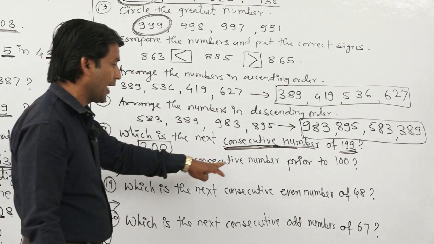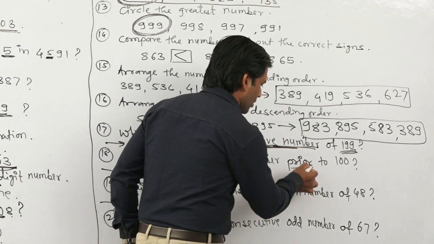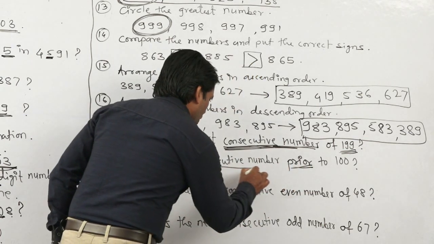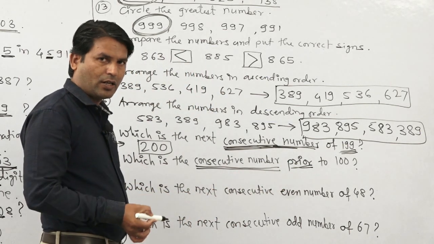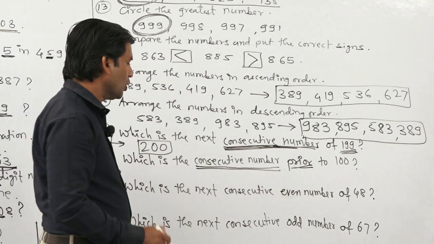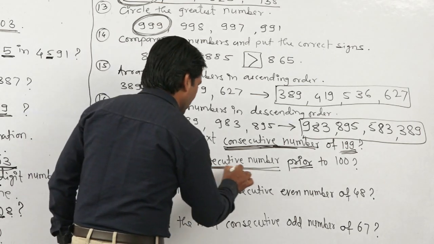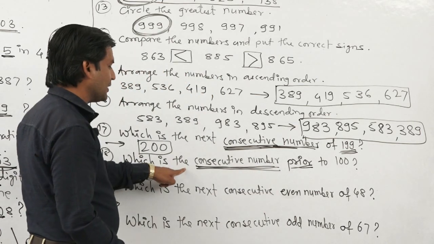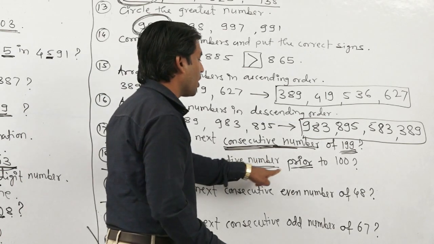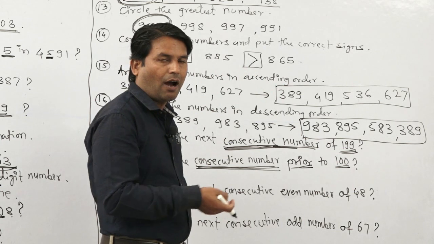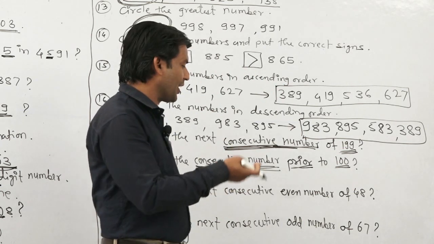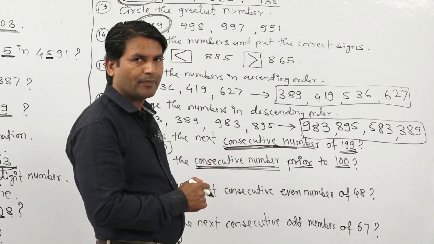Which is the consecutive number prior? As I told you, consecutive number means the numbers which occur serially or continuously. So those are known as consecutive numbers. Question is, which is the consecutive number prior to 100? Prior means before. 100 से before serially आने वाला number कौन सा है?